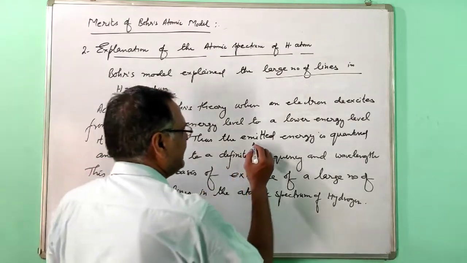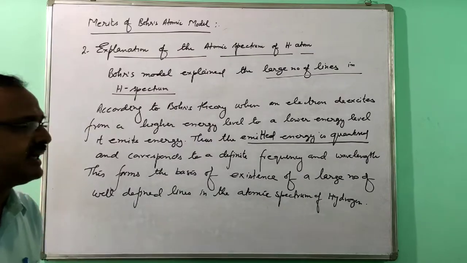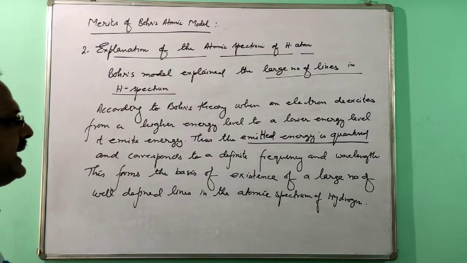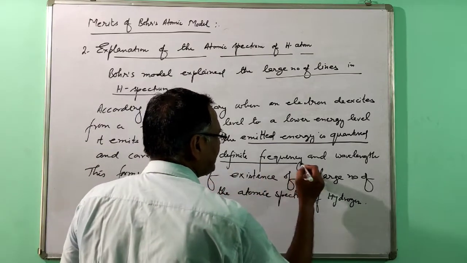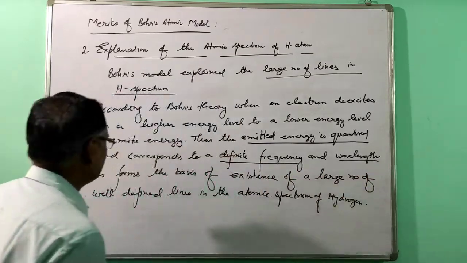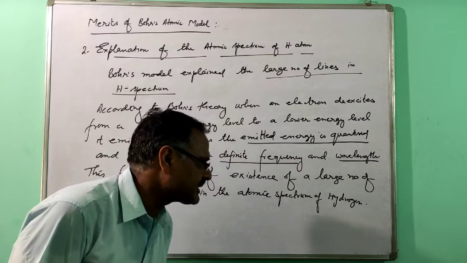Thus the emitted energy is quantized. Quantized means a fixed amount of energy. It corresponds to a definite frequency and wavelength. This forms the basis of the existence of a large number of well-defined lines in the atomic spectrum of hydrogen.